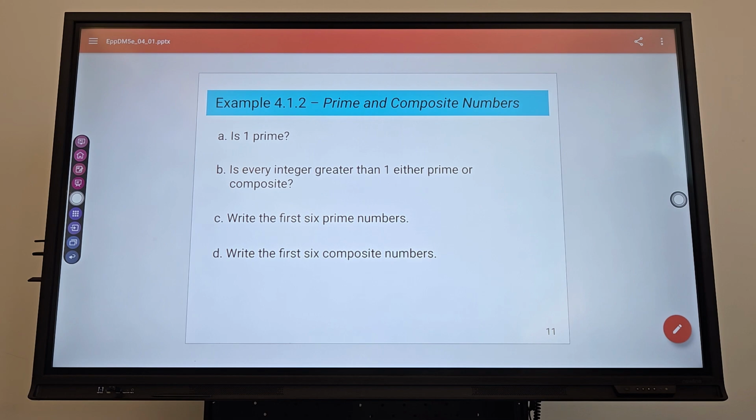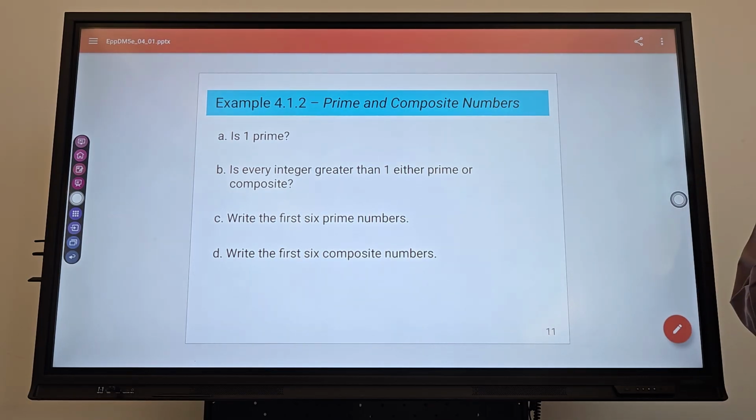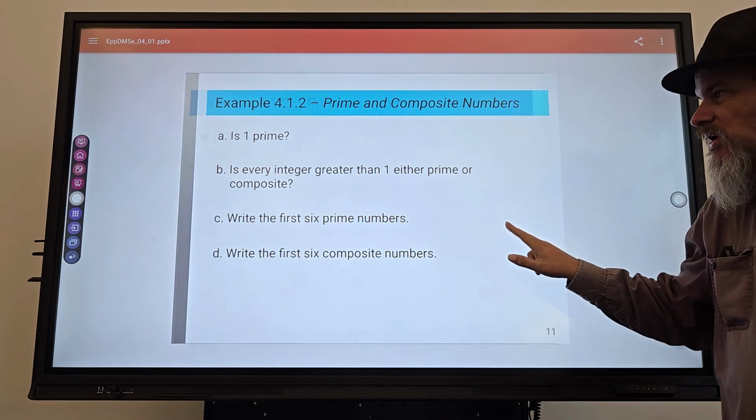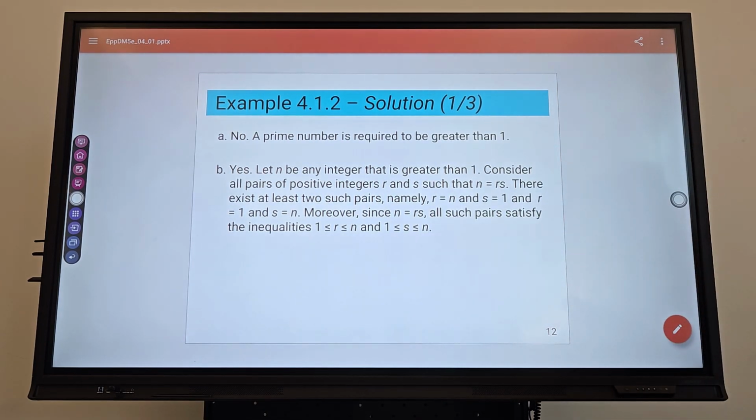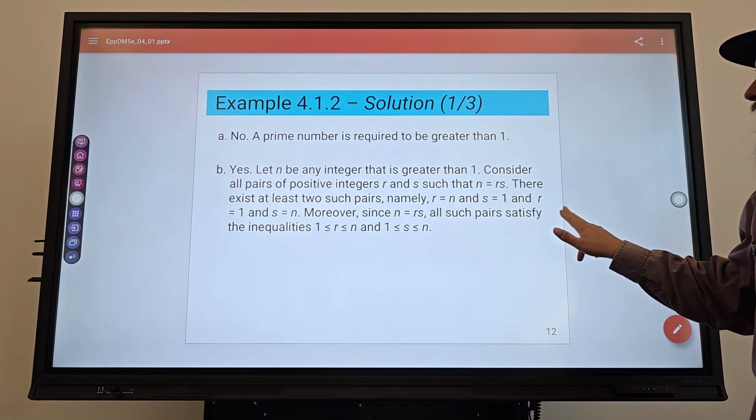And the first 6 composite numbers? Missed one. Yeah, and there you go. And it goes into explanations as to each one.